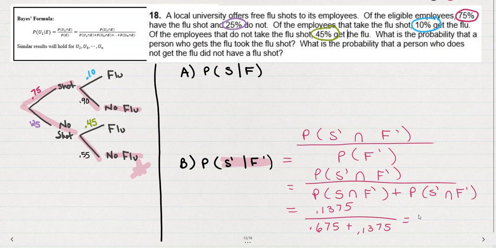So our numerator is 0.1375 and our denominator 0.8125. So 0.1692 when we do the dividing. So 16.92%.